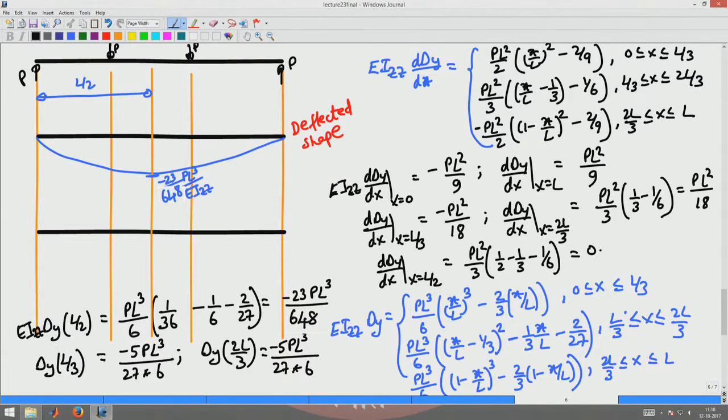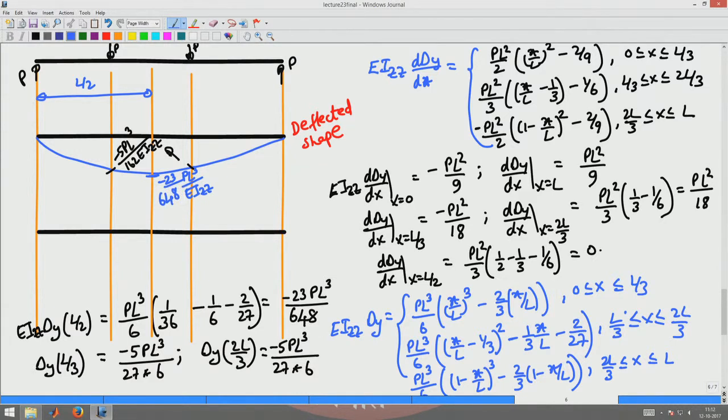Similarly, at L by 3 and 2L by 3 it is going to be minus 5 PL cube by 162 times EIZZ, okay. Same value here too, here also it is going to be the same as this, okay.